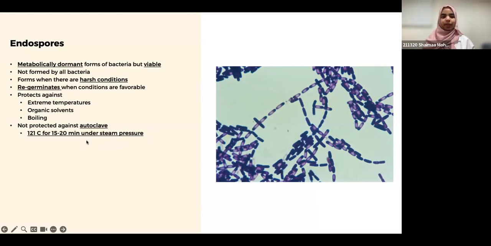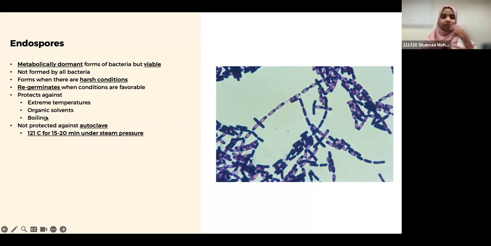Basically, you're going to heat the sample to 121 degrees Celsius for 15 to 20 minutes under steam pressure. That's autoclaving, and this can kill an endospore.